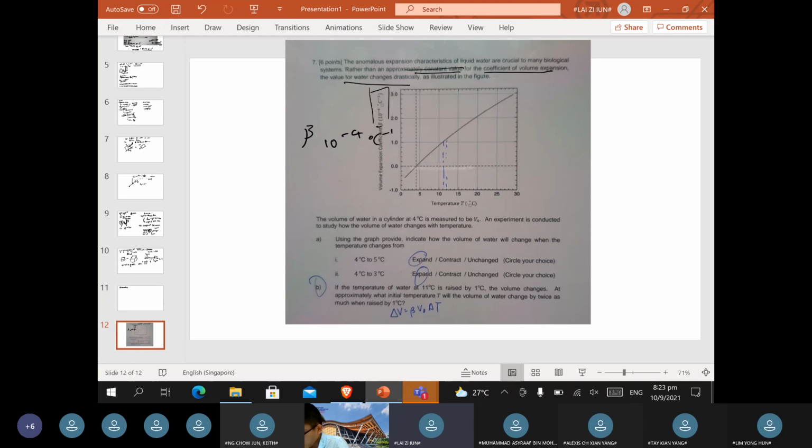The next one is temperature over here. So they give you different values at different temperatures, right? Then they say that the volume of water at 4 degrees is measured to be V4. An experiment is conducted to study how the volume of water changes with temperature.